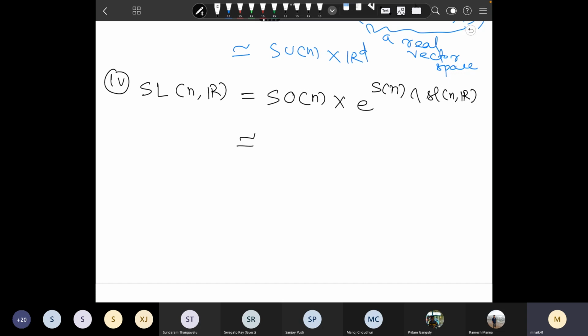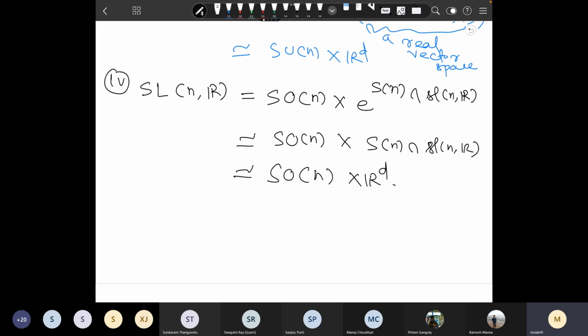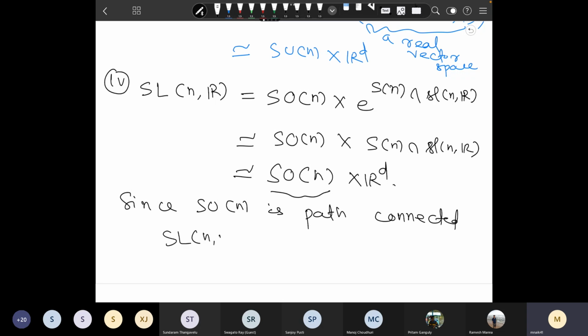So that will imply that this is topologically equivalent to SON times some R to the power D. Since SON is path connected, SLNR is path connected.